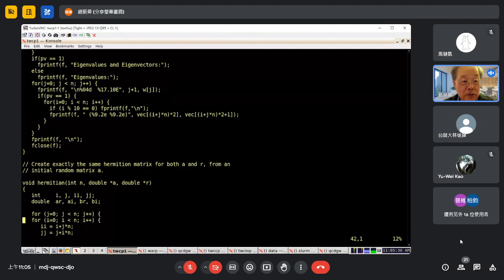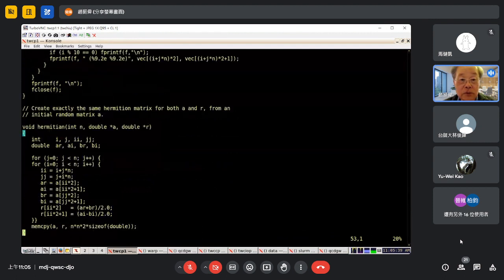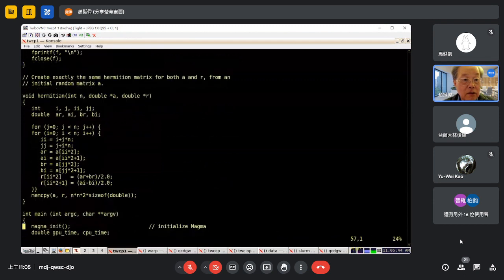First I have to create the Hermitian matrix. For any matrix, I can obtain a Hermitian matrix.